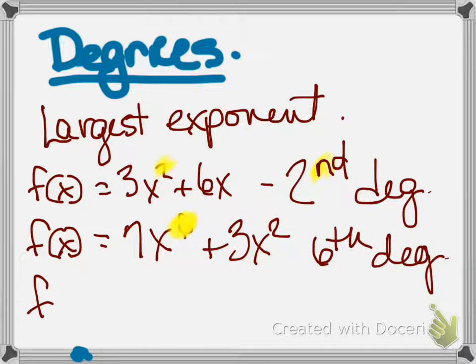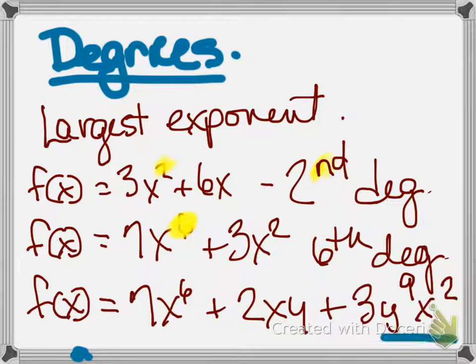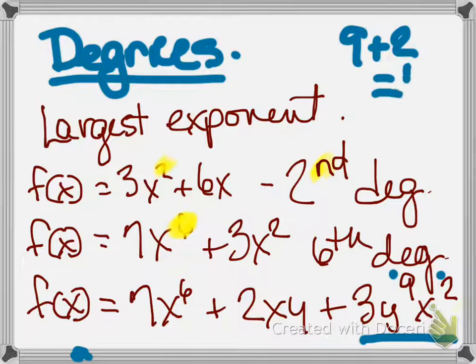But when we look at functions that have more than one variable, then we begin to add the exponents in a single term. F of x is equal to 7x to the 6th plus 2xy plus 3y to the 9th x squared, then y to the 9th x squared, or 11, is going to be the degree of our polynomial.